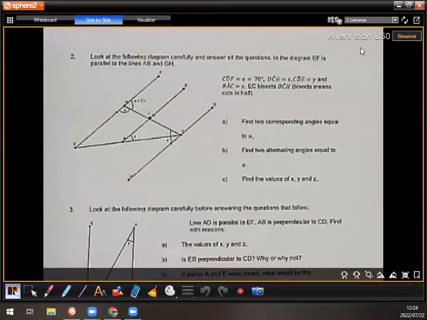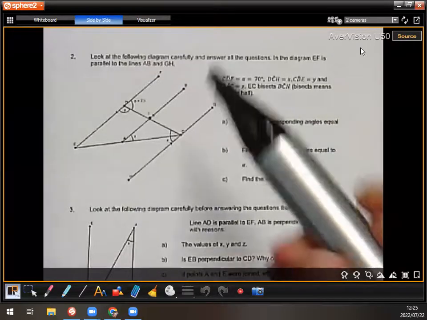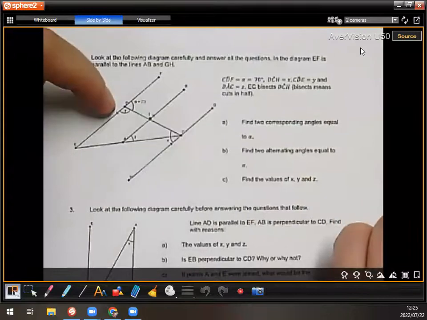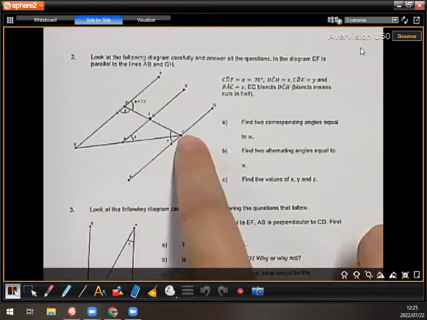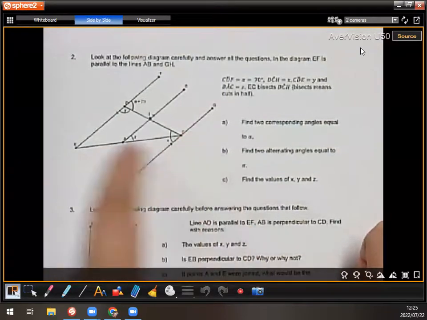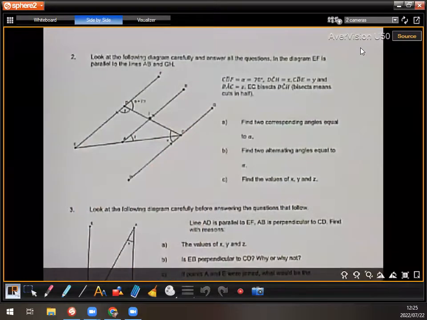Now the last bit of information there: EC bisects BCH. Remember how we work with angle E? D is over there. CH. So DCH is this angle that's X. Now they're telling us EC bisects this angle. Guys, we did bisecting an angle at the beginning of the year. What does it mean when you bisect something? Cut it in half. So that means that this line cuts this angle in half.